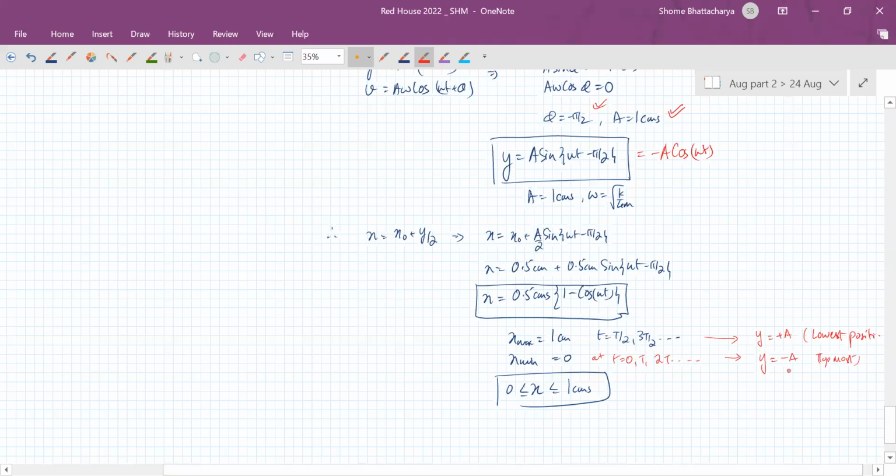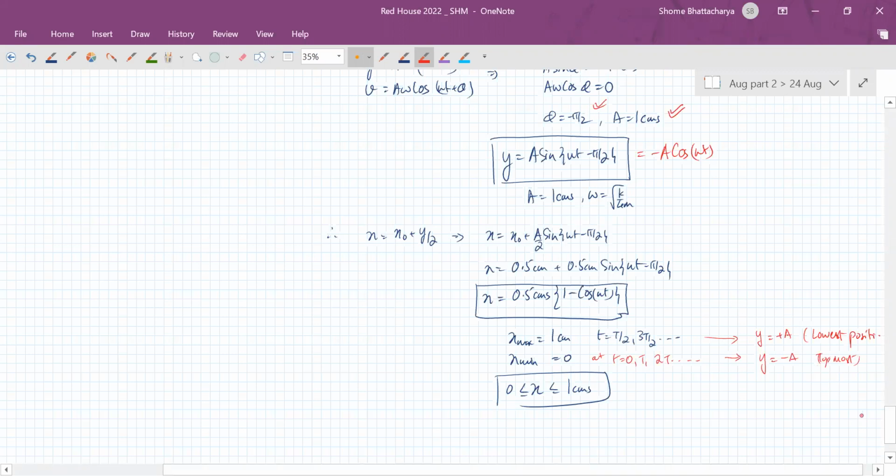So the block oscillates between minus 0.5 centimeters and 0.5 centimeters. So between minus 1 and plus 1 centimeter.